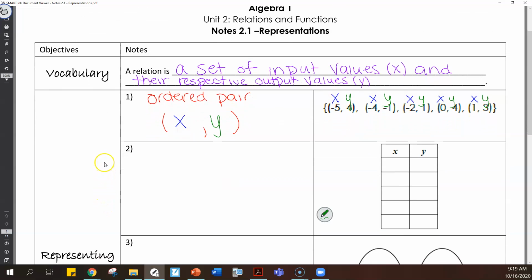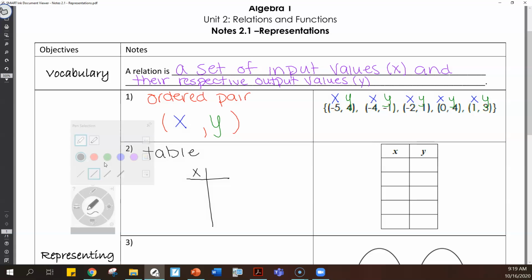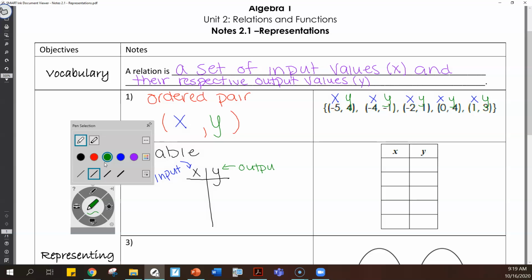The second way that we can represent these relations is as a table. So we've all seen tables before. Generally, they're two columns vertically in which our x value or our input value is listed down the left-hand side, and then our y value, the output value, is listed next to it in the right-hand column.